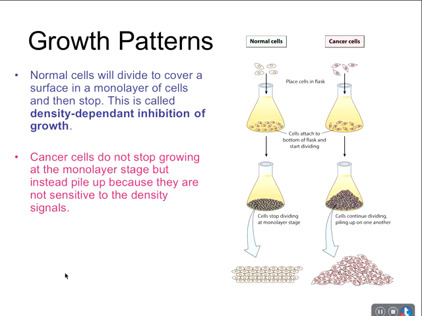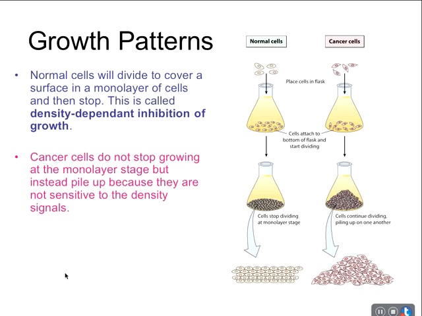They are extremely sensitive to density. So if you put a couple of normal cells into a flask, the cells will actually grow to cover the bottom of the flask in a monolayer. They will not grow beyond that. Right? They don't like to be too crowded. That trait is called density-dependent inhibition of growth. The cell density themselves will actually inhibit growth.